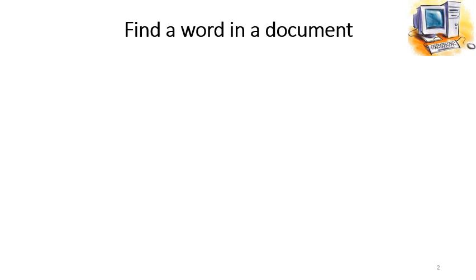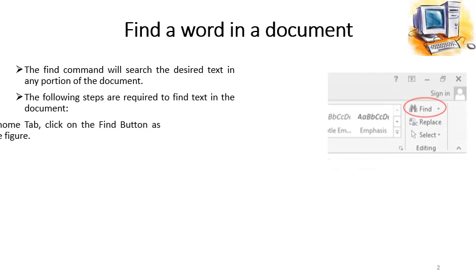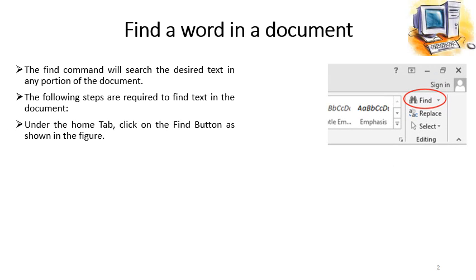First of all, find a word in a document. The Find command will search the desired text in any portion of the document. The following steps are required to find text in the document. First of all, under the Home tab, click on the Find button as shown in the figure.